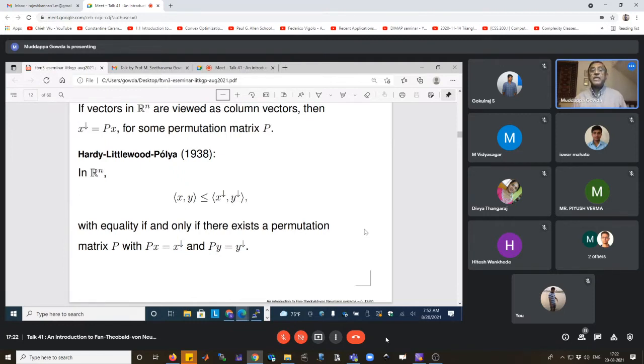In other words, equality holds if and only if x and y can be simultaneously transformed to their decreasing rearrangements. This is very useful. Now you are already beginning to see that if I take lambda x equals x down arrow and lambda y equals y down arrow, you get one of the conditions that I listed in my FTVN system.